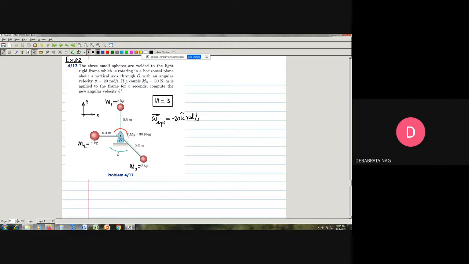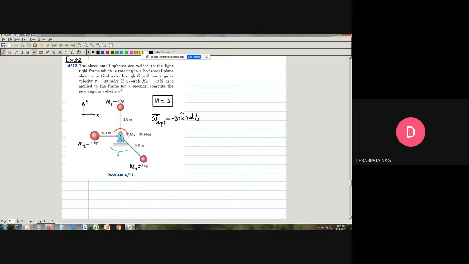Now it is said that a couple M_O, which is also in the clockwise direction when looking from the front, of 30 Newton meter is applied to this assembly for 5 seconds, and we need to calculate the new angular velocity theta dot prime.